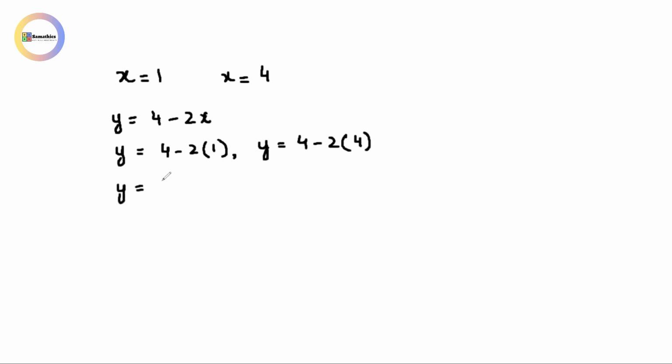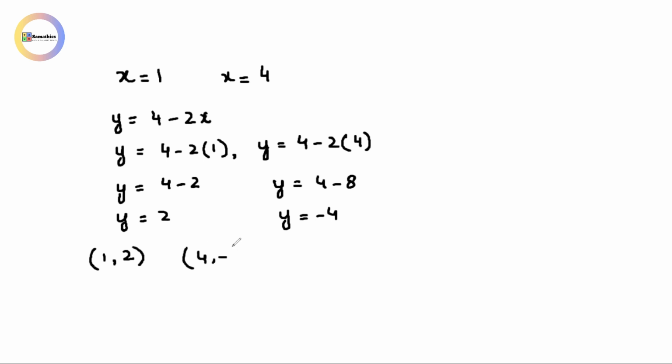4 minus 2 is 2, so the value of y is 2. y is equal to 4 minus 8, so y is equal to minus 4. So we have two coordinates, 1 comma 2 and 4 comma minus 4.